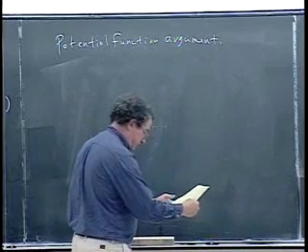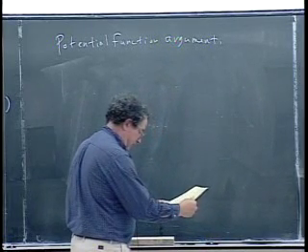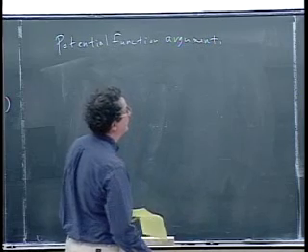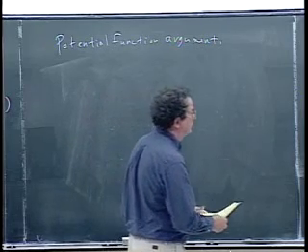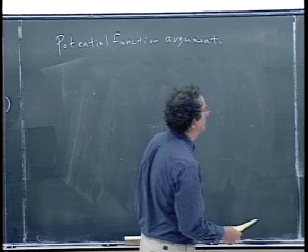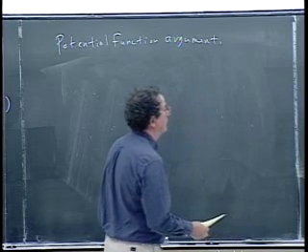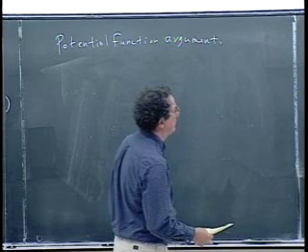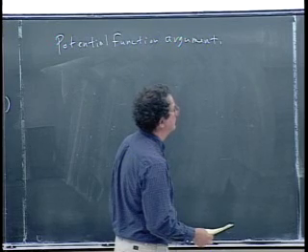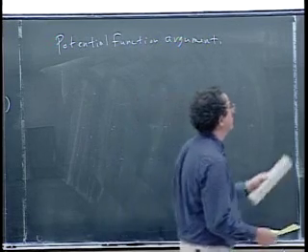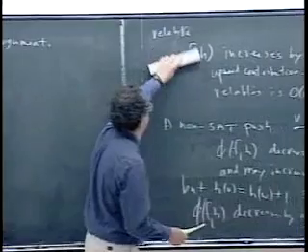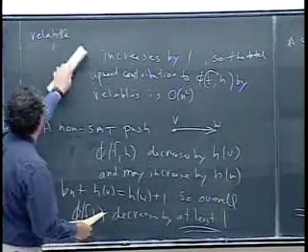All right. So again, we're going to talk about what happens to H when we do saturating pushes and relabels and non-saturating pushes. So what happens to H when you do a relabel?